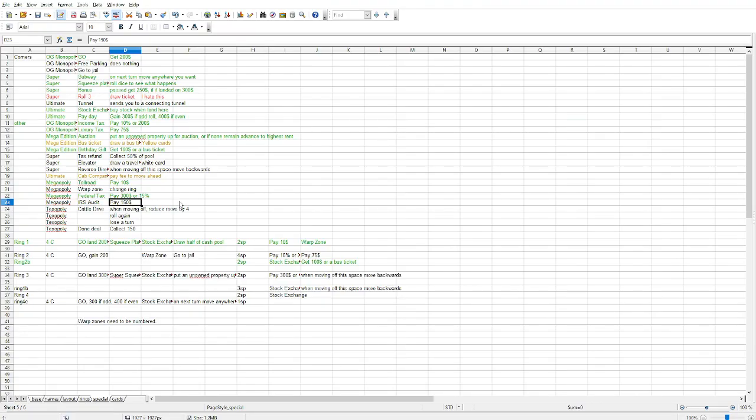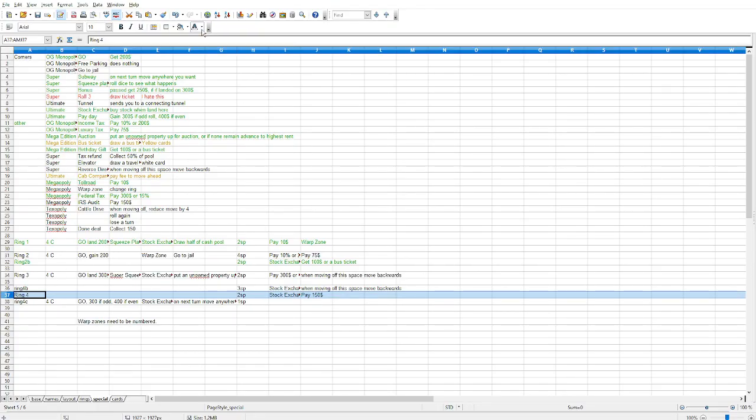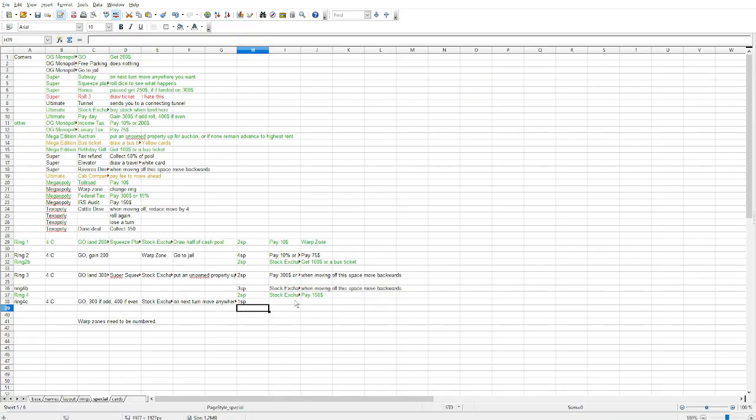So, you know what? Screw it. I will put it here, which means ring 4 is now full. Okay, I need a third one for ring 4B.